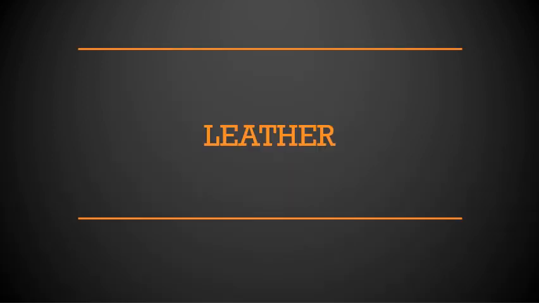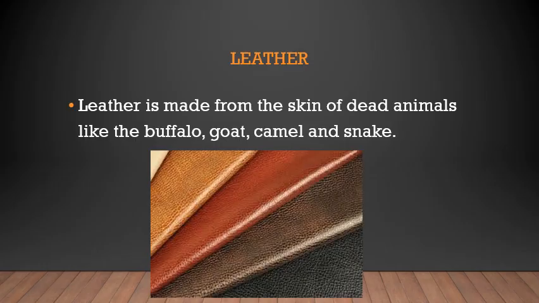The last one is leather. Leather is made from the skin of dead animals like buffalo, goat, camel, and snake. Now, buffalo, goat, and camel have very thick skin, or their body covering is very thick. After the death of the animal, this skin is taken out and processed.